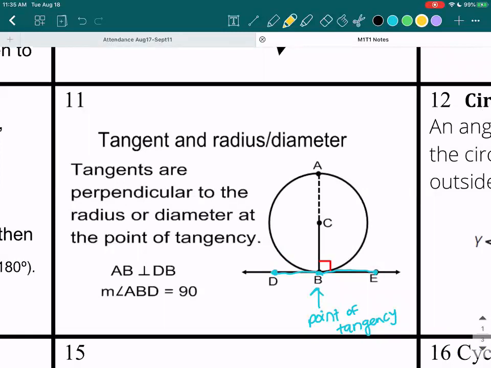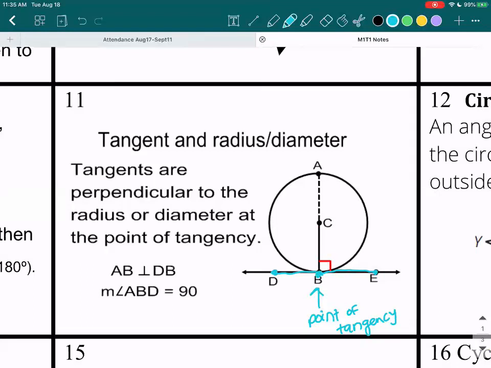Okay, so what I was trying to say before the internet rudely cut me off was that the blue line is your tangent line, and your tangent line touches the circle only once, and where it touches the circle, which is at point B, that is called your point of tangency. So I put the blue dot there.